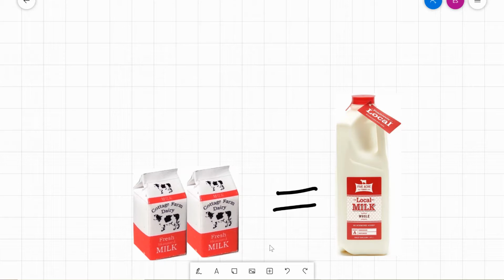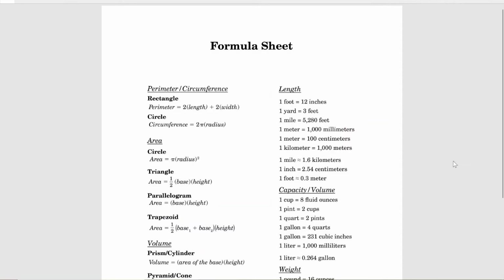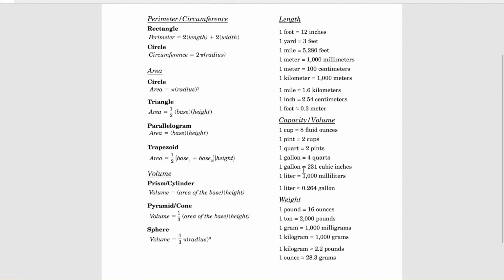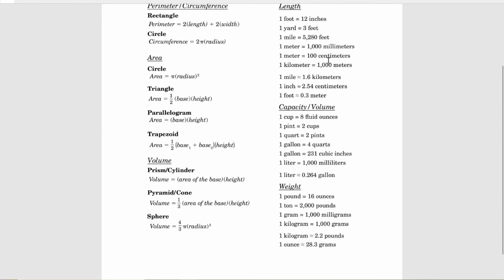And I know that there are 2 pints per quart because I can pull up my HiSET formula sheet, and this entire right side of the formula sheet is all unit conversion, so it's letting you know how much one unit of measurement is compared to other units of measurement. In this case, we've got quarts and pints right there highlighted in blue. 1 quart is equal to 2 pints.